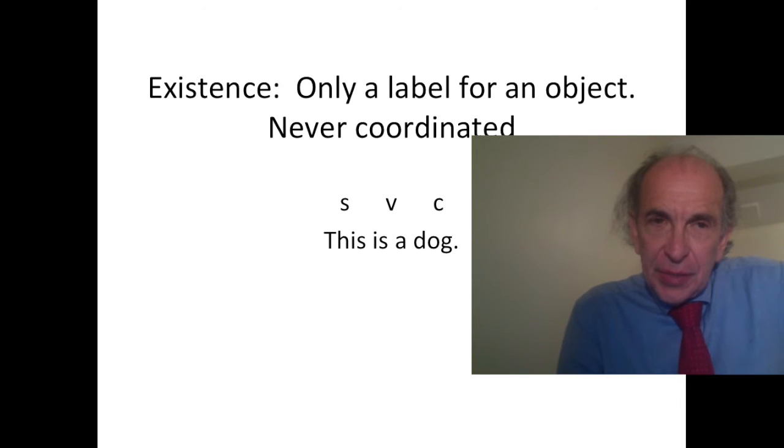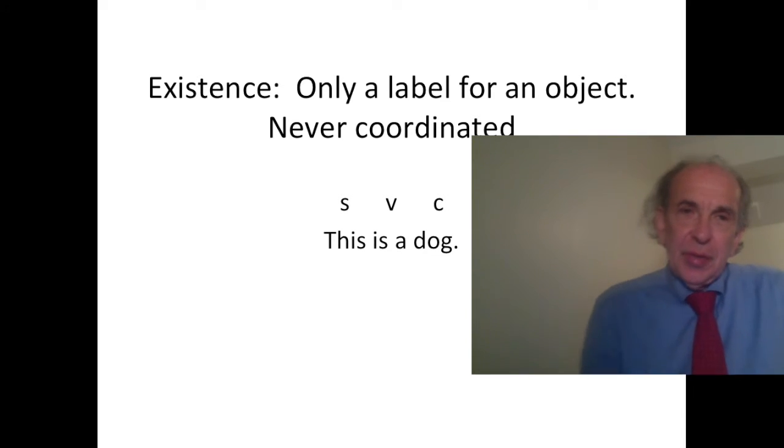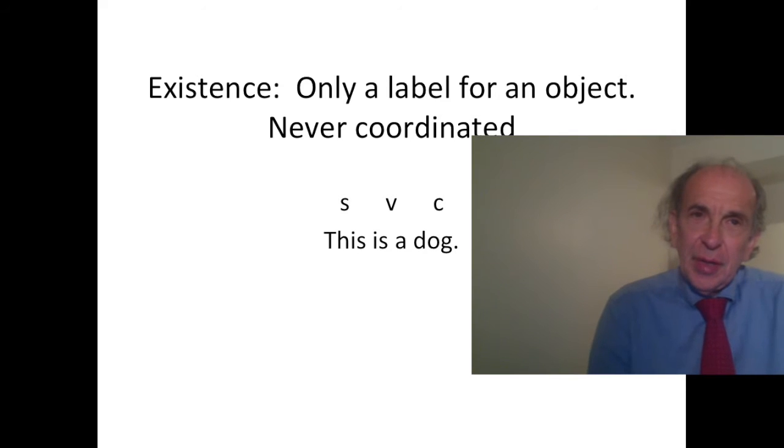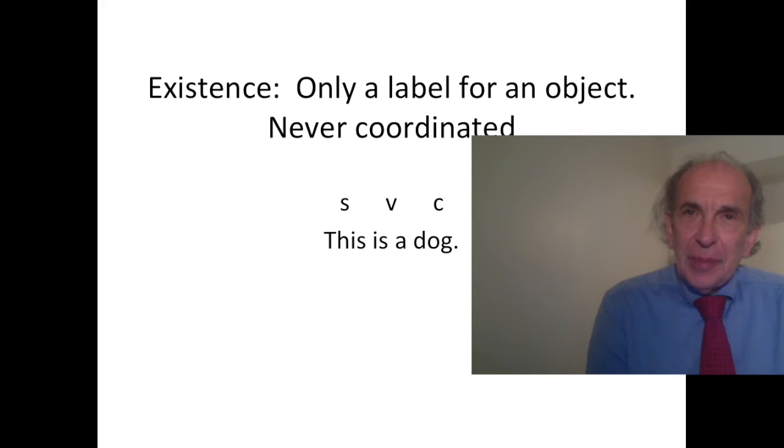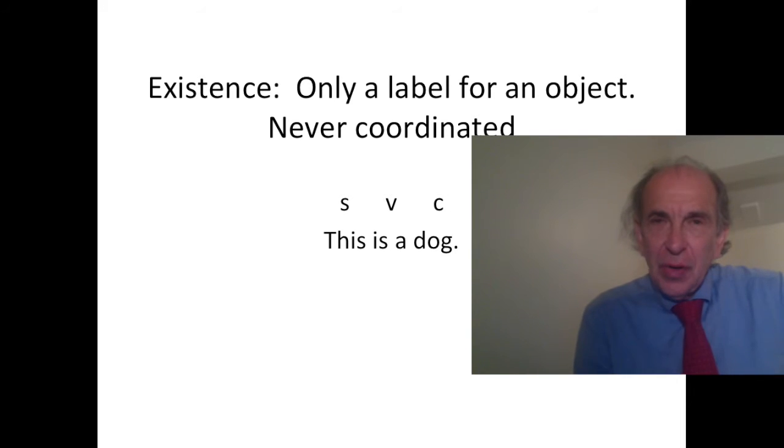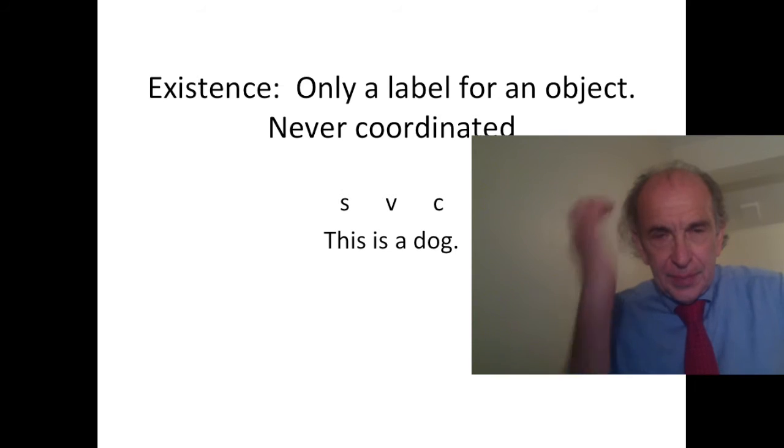So an example of existence is: this is a dog. SVC, this is dog. Now, remember also, as I mentioned, existence is only a label for an object. It refers to nothing else and only operates with the verb, a form of to be, such as this is a dog, these are dogs. Existence is never coordinated.